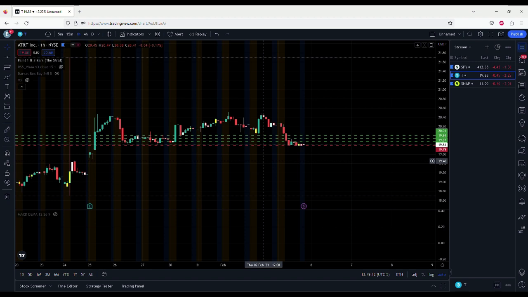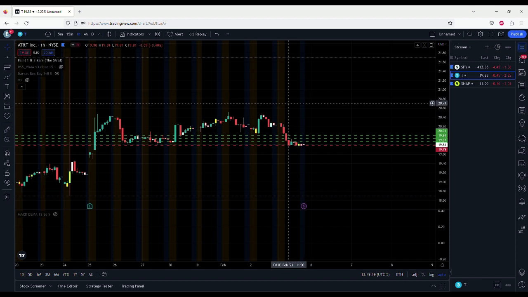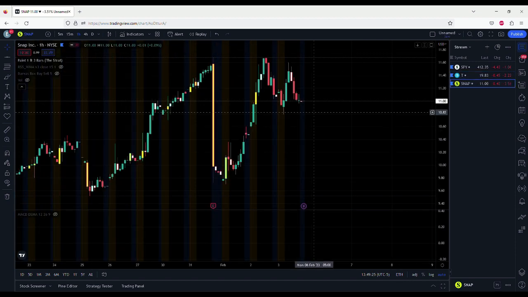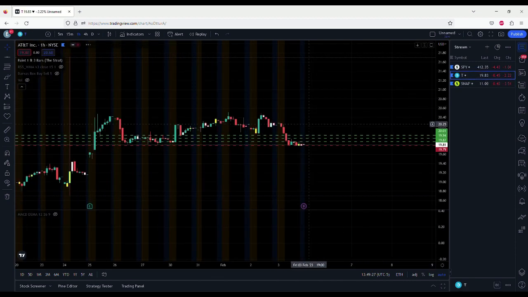One of the rules that I have is that whole numbers tend to be a pretty good psychological level. This is one of the main reasons that Snap closed at 11. This is one of the main reasons that we see a lot of rejections at 20 on SPY.